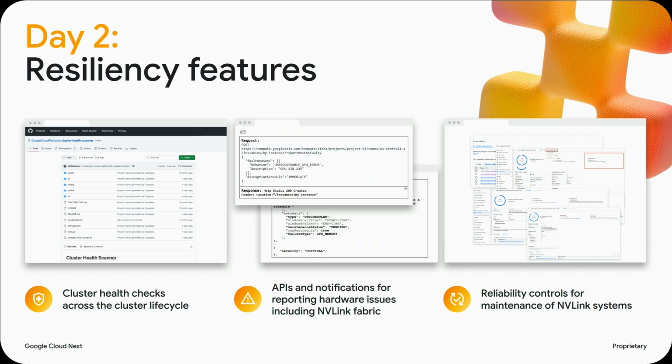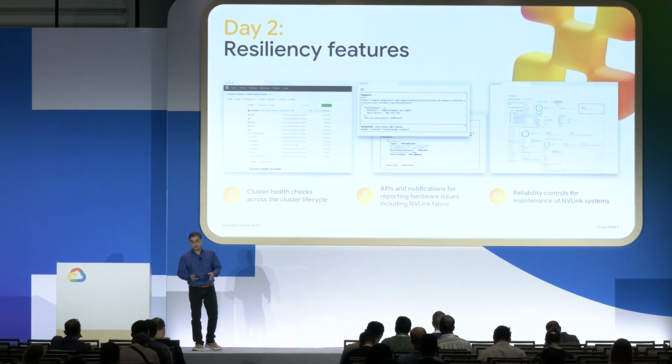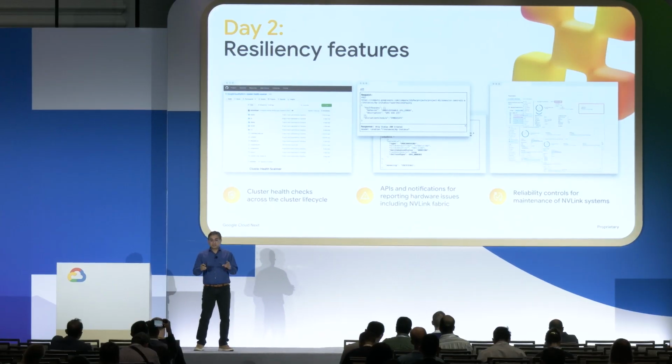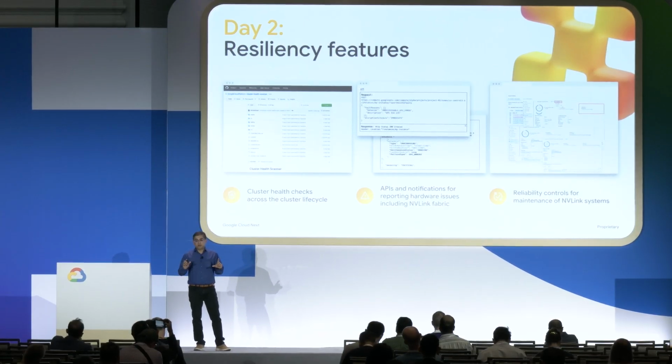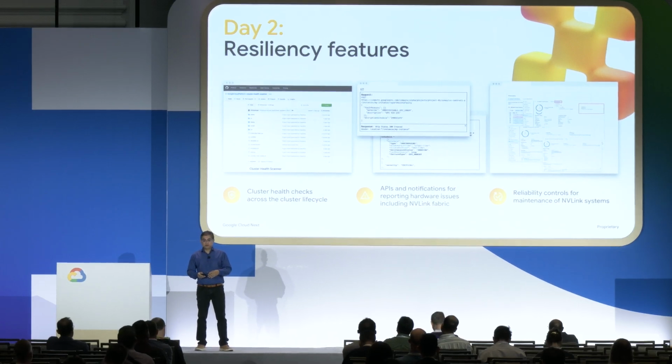We also offer report and repair APIs for problems that you may see in the NVLink fabric, for swift diagnosis and remediation. This is critical functionality that we want to emphasize, as it is becoming more and more important, specifically for rack scale systems. And these are built in as part of the integration that we are doing.